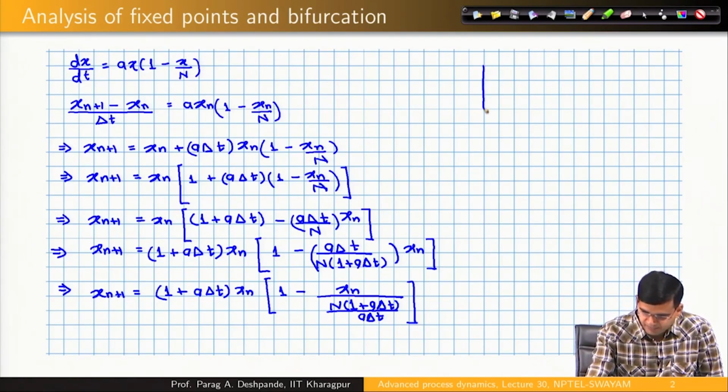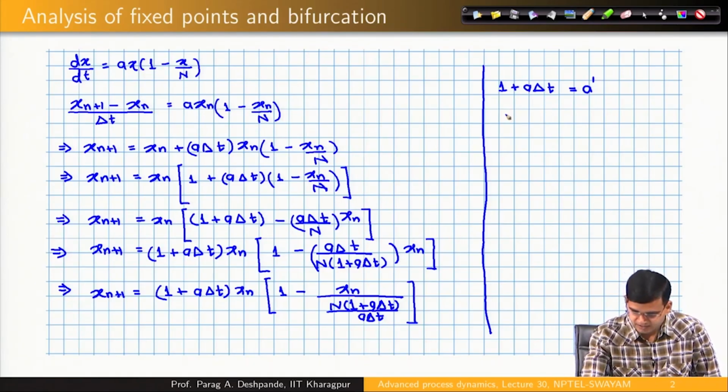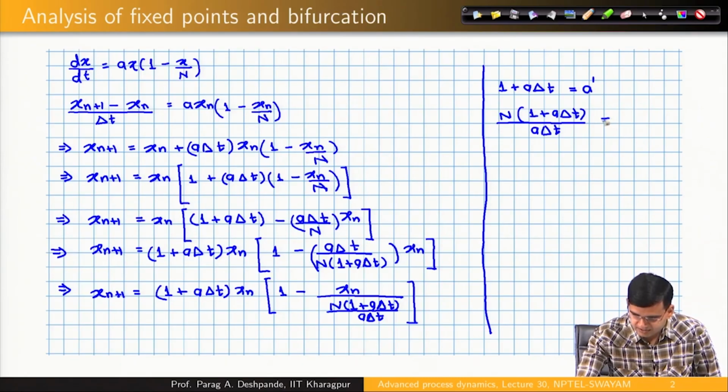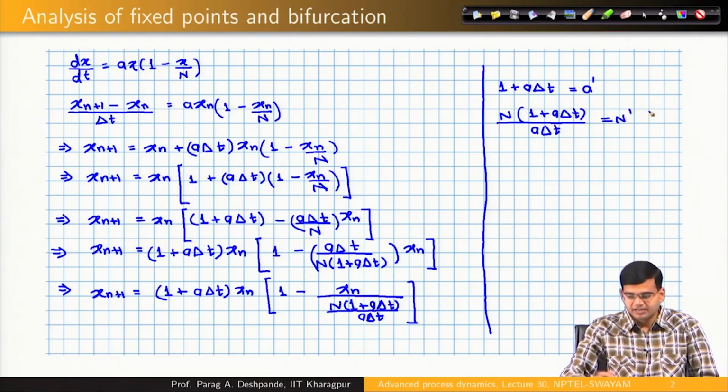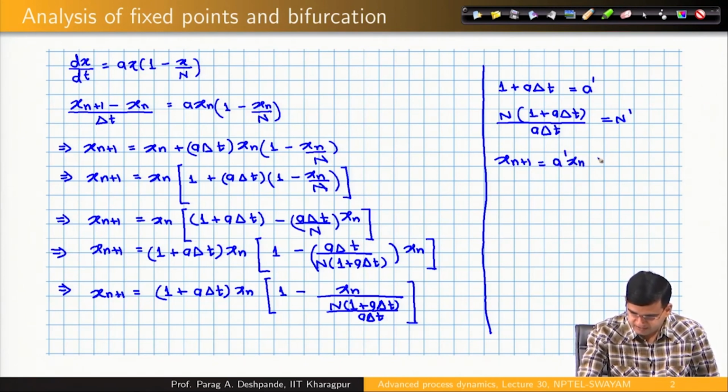Because if I denote 1 + a delta t by a new constant, say a dash, and N(1 + a delta t)/(a delta t) by another new constant N dash, then I can write my dynamical equation as x_{n+1} = a' x_n (1 - x_n/N').